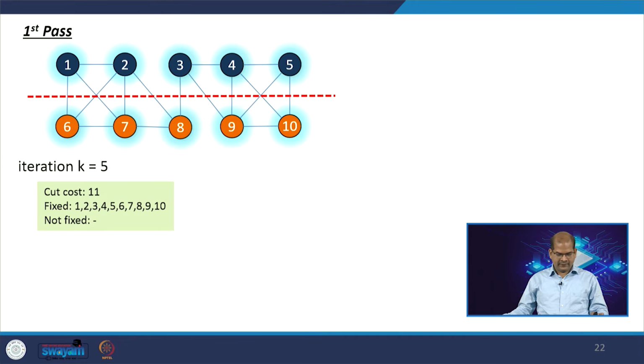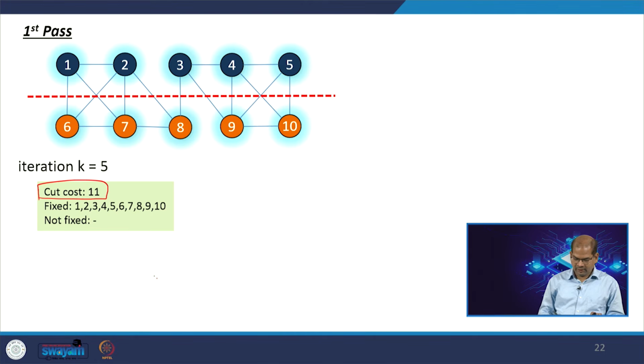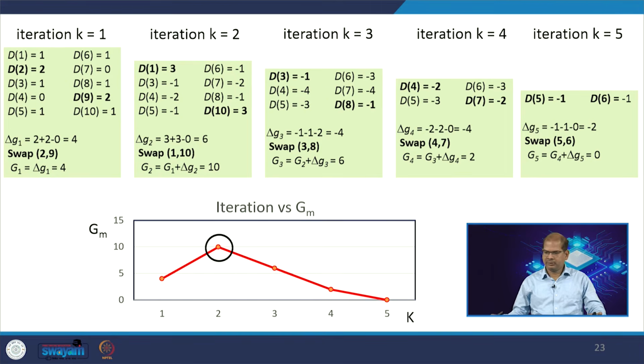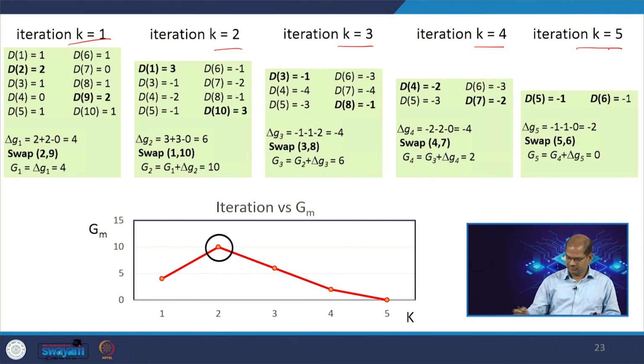Now, we have this final step where k equals 5, I have total cut cost becoming 11 and all the nodes are fixed, and I do not have any node to do D's evaluation. So, I have iteration k equal to 1, 2, 3, 4 and 5. My x axis is basically k and y axis is basically my GM.